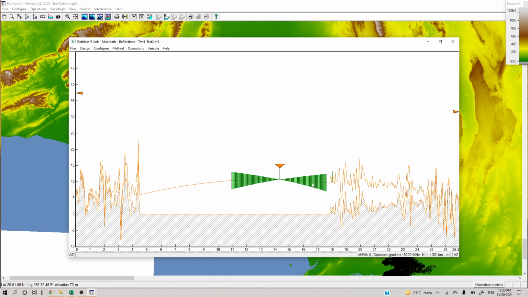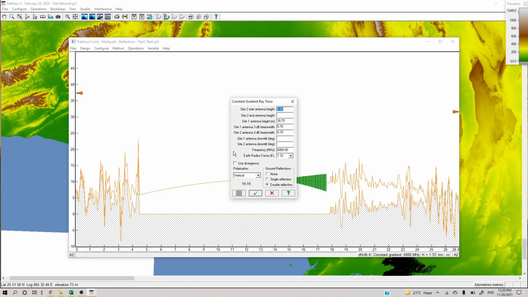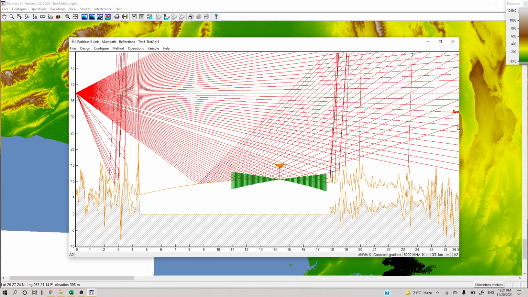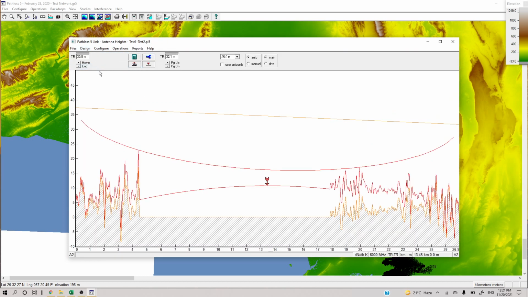Now we see that there are big reflection points, and now you see that the other side is gone in the multipath area. So if you have a water body in between, that's why we say that you should avoid a water body. So you see here that we are on very low antennas, 30 meter and 30 meter almost.